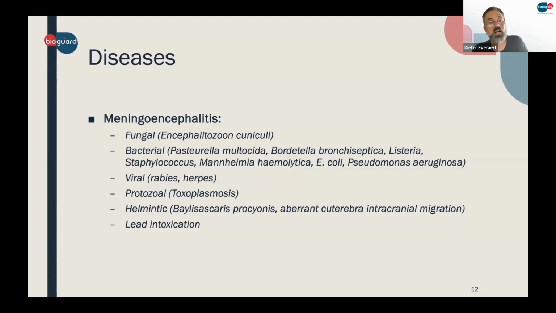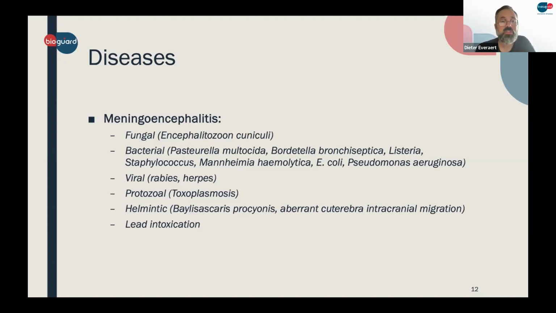Viral disease: rabies, I can honestly say I've never seen it, but of course it depends on which part of the world you are in. There are still countries where rabies is quite common. A rabbit isn't really susceptible to it, but it can also get rabies. Herpes simplex can also cause meningoencephalitis, also something I haven't seen yet.